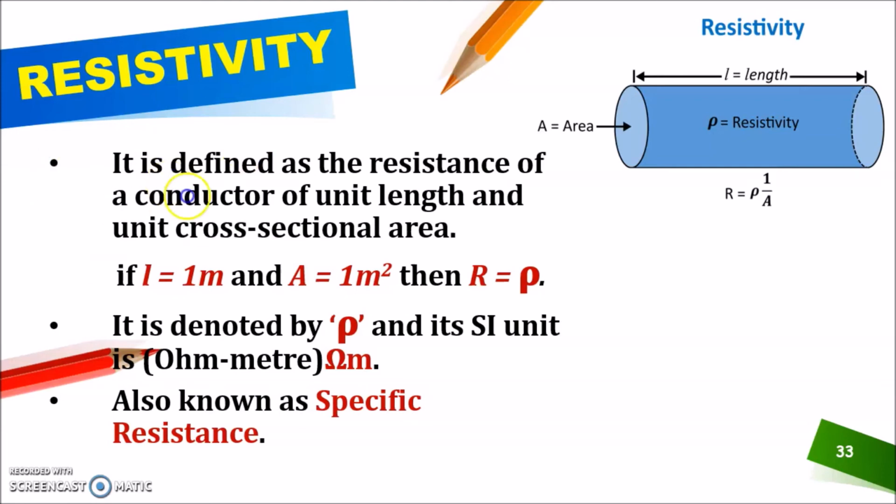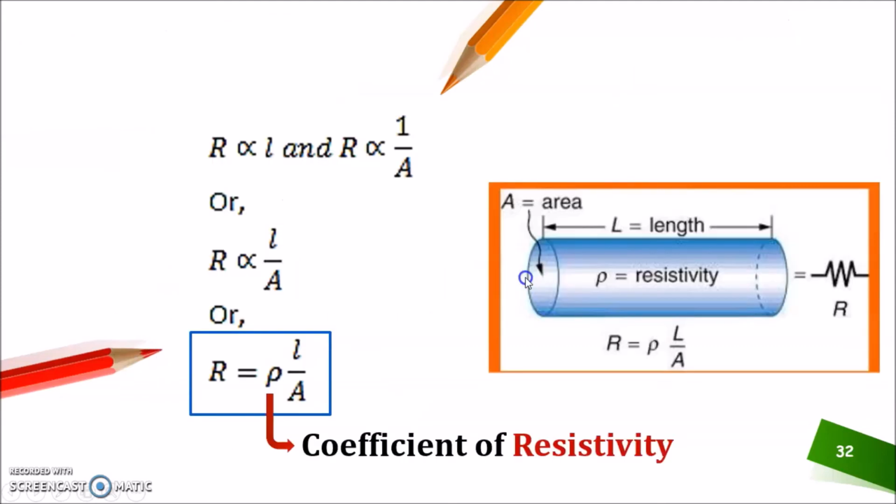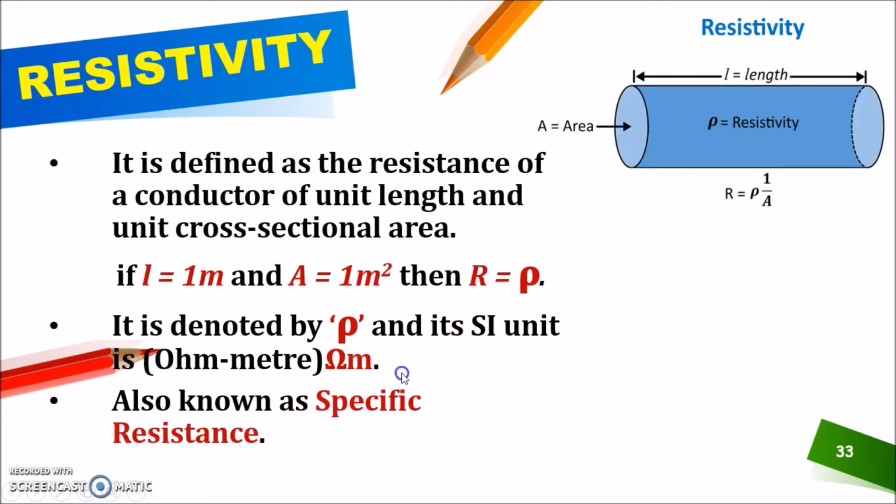It means if I put 1 meter length and 1 meter square area, then R will be equal to rho. Okay, this condition represents specific resistance, or we can call it the resistivity of the material.